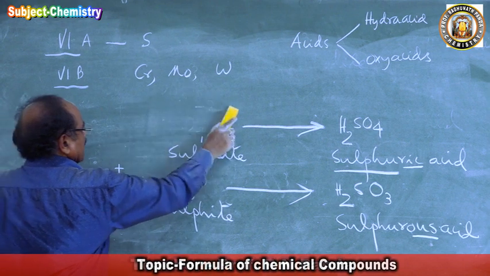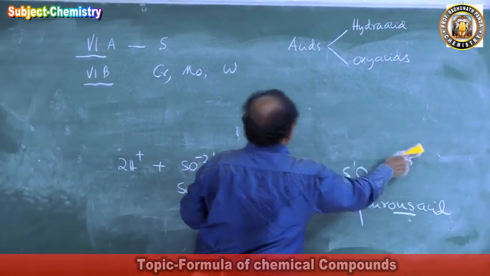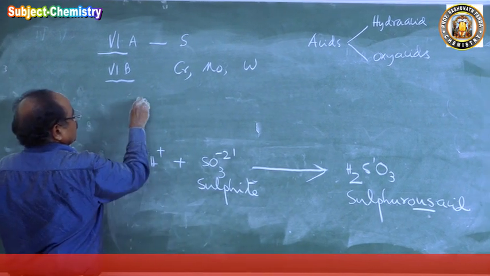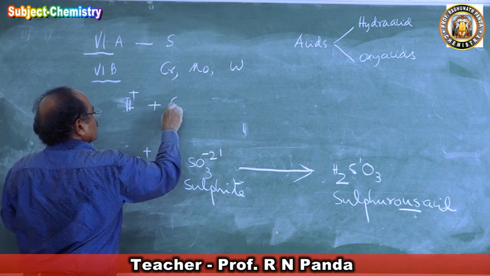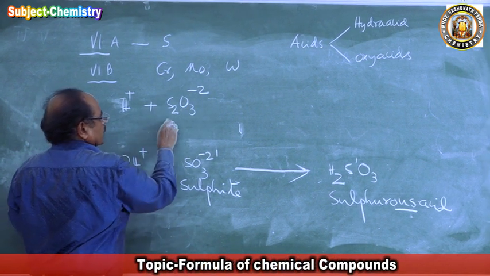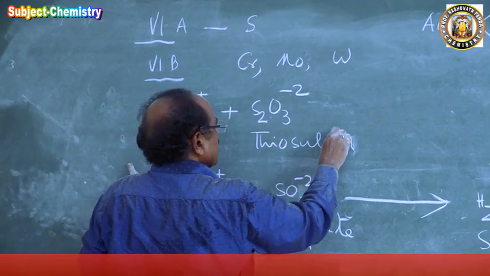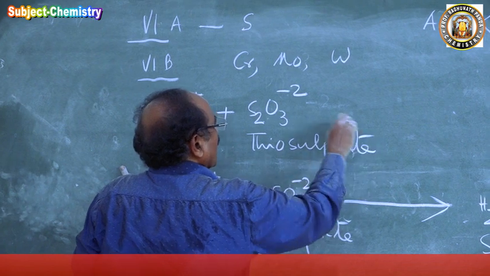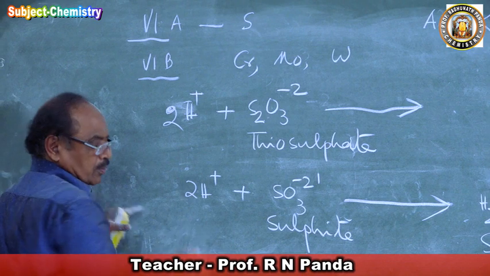So let's go to the next, thiosulfate. H plus with S2O3 minus 2. S2O3 minus 2 is thiosulfate. How many charges? Minus 2. So how many protons? 2 protons, 2H plus.